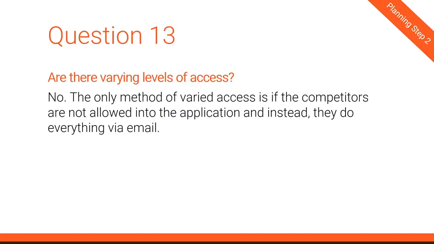Which is actually kind of a two-level system. One level just gets emails. The other level is the one that has full control. So in theory, it could be, but we wouldn't call it a two-level system just because we're not doing any kind of varying level of access inside the application.